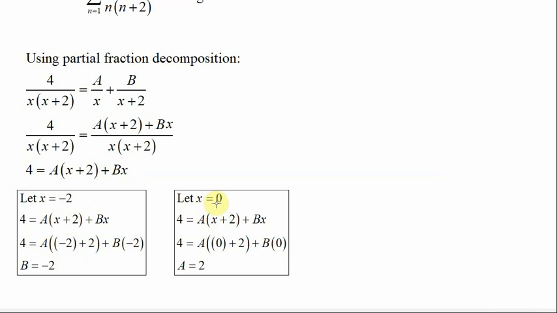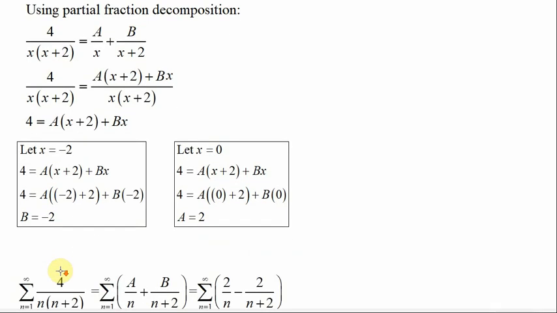Next, we'll let x be 0, so that this part will be 0. Here we get 2a is equal to 4, or a is equal to 2. So a will be 2, b will be negative 2.